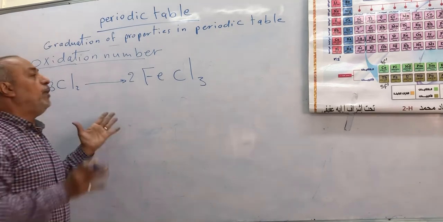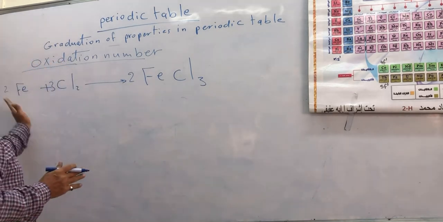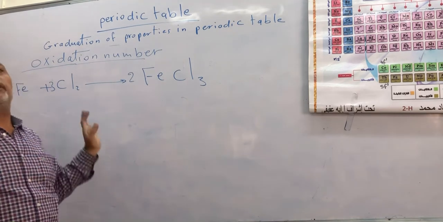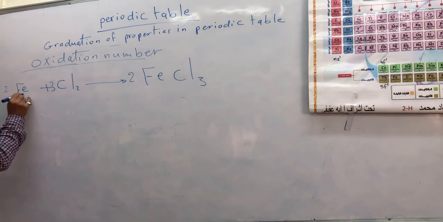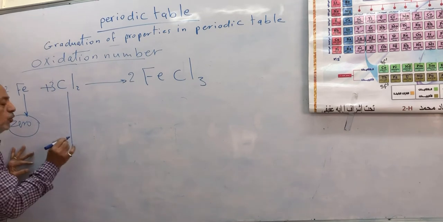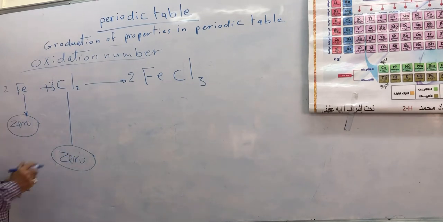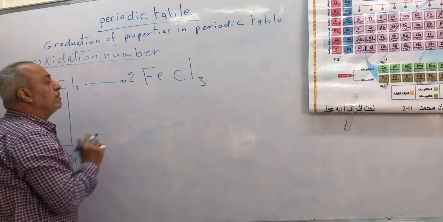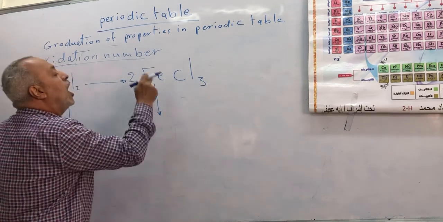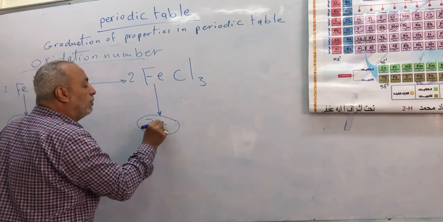Firstly, we calculate the oxidation number before and after to determine oxidation and reduction. The Fe element has an oxidation number of 0, no loss, no gain. The Cl2 element has an oxidation number of 0. After the reaction, iron becomes iron 3 chloride and its oxidation number equals positive 3.